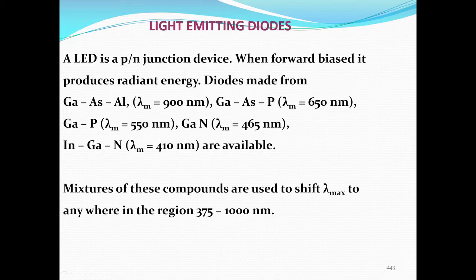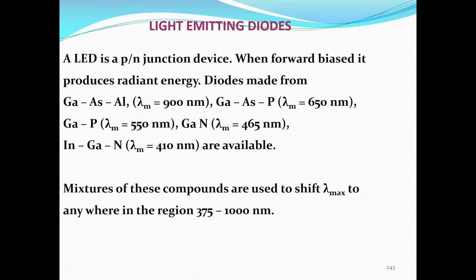Light emitting diodes, I think many of you know LEDs from other applications in your day to day life, and nowadays LEDs have become available all over. These light emitting diodes will emit radiation of a specific wavelength.